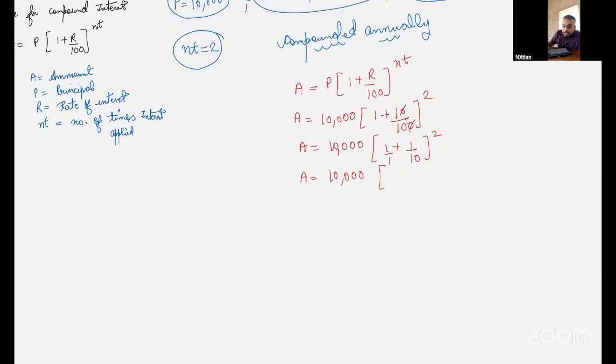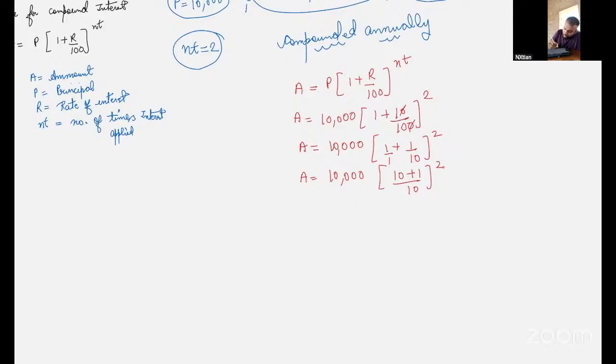We have to make the denominator the same. So we'll multiply 10 in the denominator and 10 in the numerator. So it's going to become 10 plus 1 upon 10, squared. Did you understand this step? Christiana, Abraham, David, Vidya, everyone?